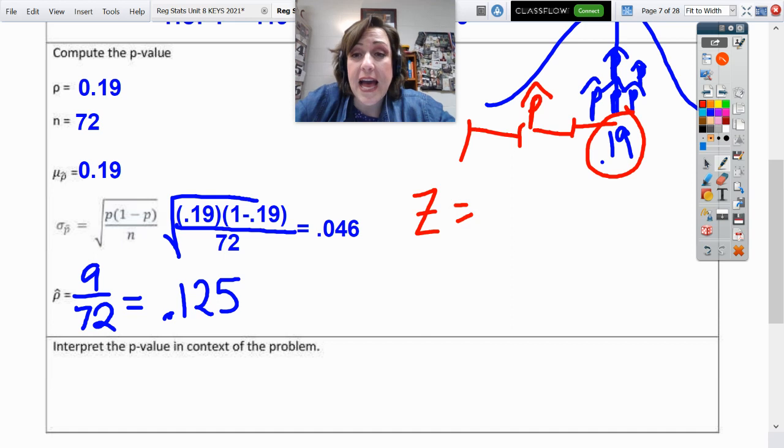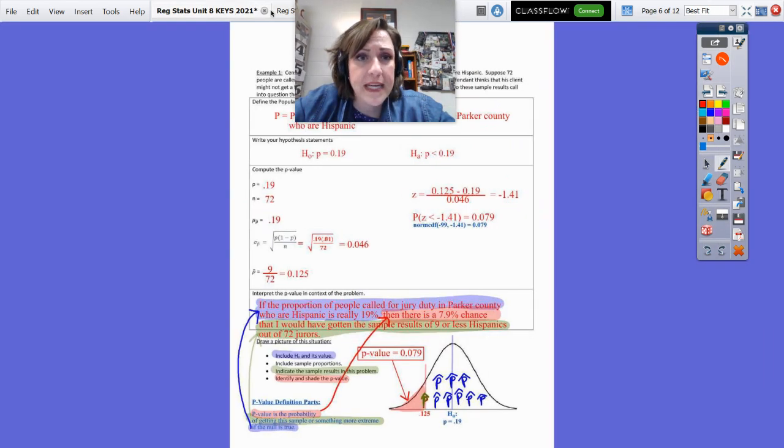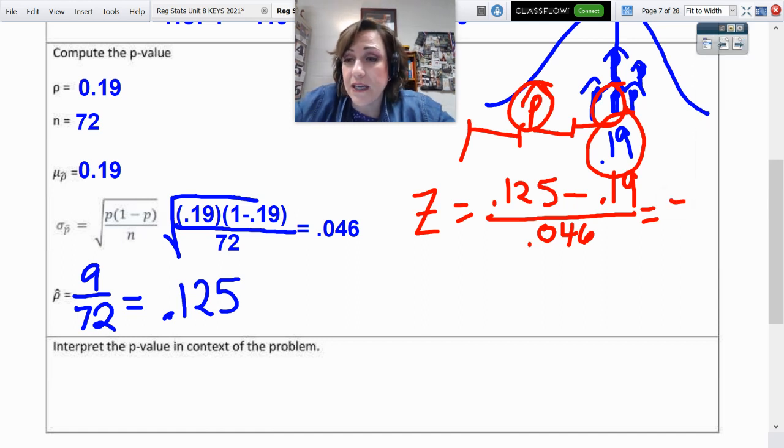How far is this p-hat away from the middle where it's supposed to be centered? That's 0.125 minus that 0.19 where it's supposed to be centered, over this standard deviation, 0.046. And I think that's 1 point something. Yep, negative, because it's below the mean. So that's negative 1.41.